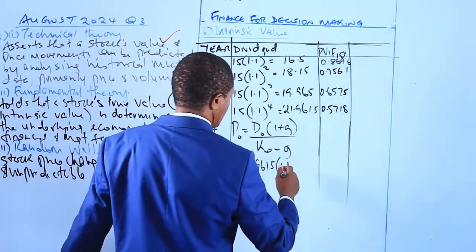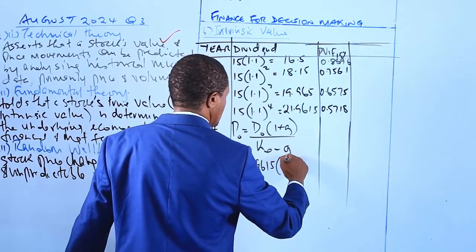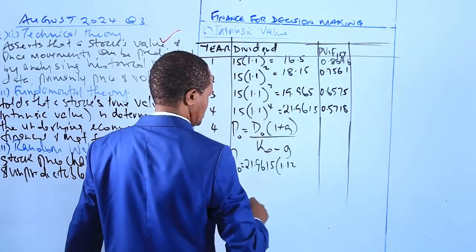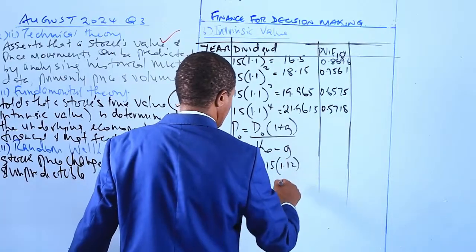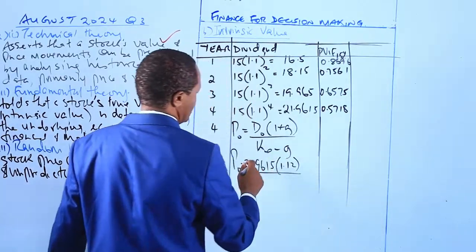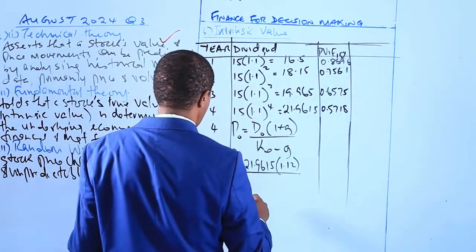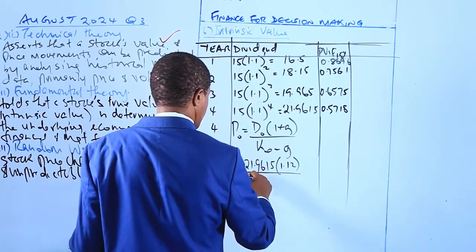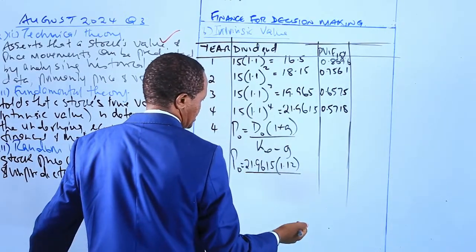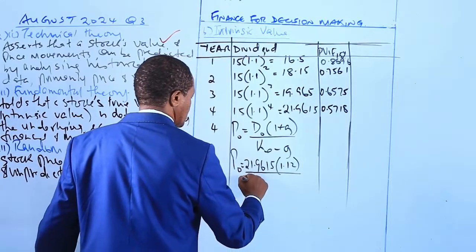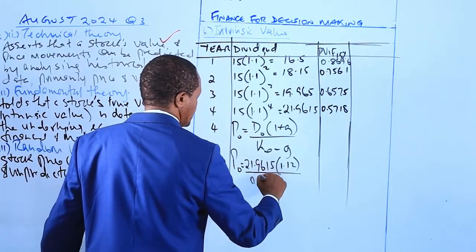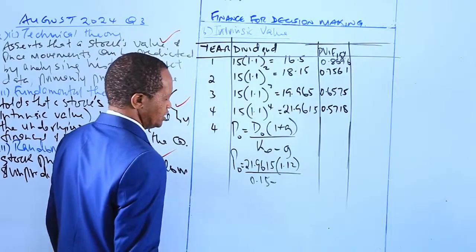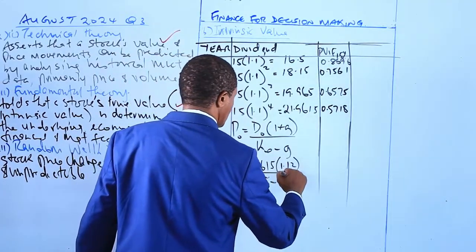So it's going to be 1.12 and not 1.1. So we divide by KE. KE is the cost of equity, which is 15%. 15% converted into decimal will be 0.15. Then the growth rate of 12% converted into decimal will be 0.12.